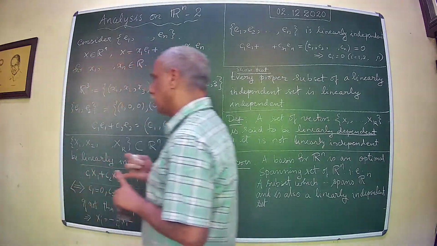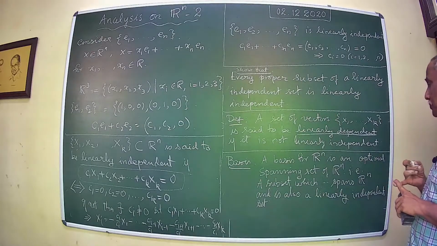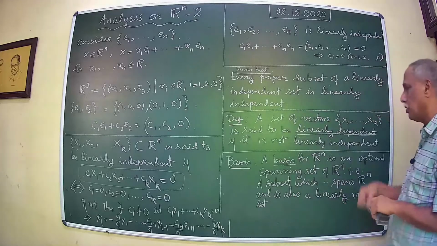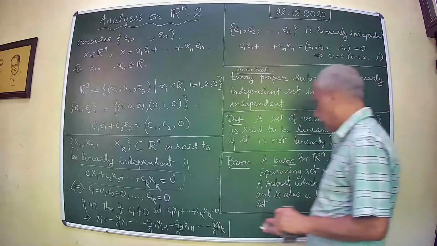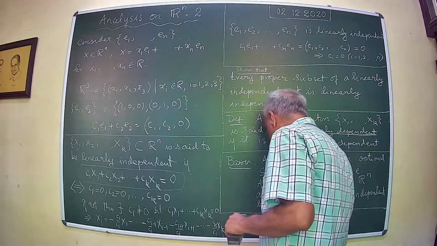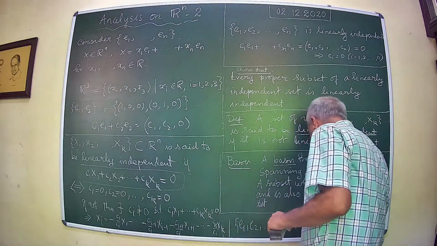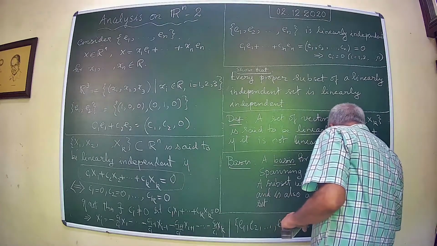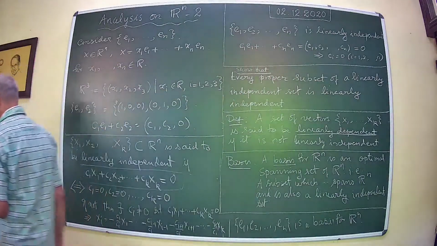What we are looking for is a spanning set which is also linearly independent, and that you call a basis. Okay? So what you can verify is this: e1, e2, ..., en is a basis. Rn has a basis. Okay?